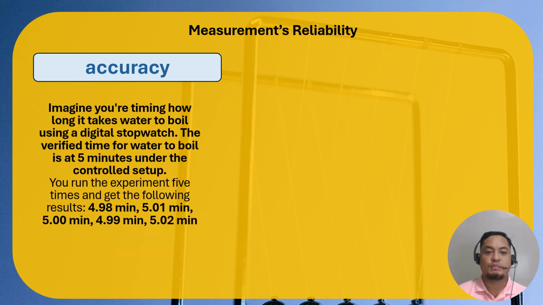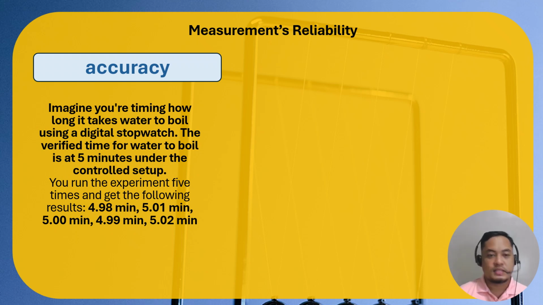In terms of an accuracy problem, we have this. Imagine you're timing how long it takes water to boil using a digital stopwatch. The verified time for water to boil is 5 minutes under a controlled setup. The setup is definitely controlled well, and they use a digital stopwatch.